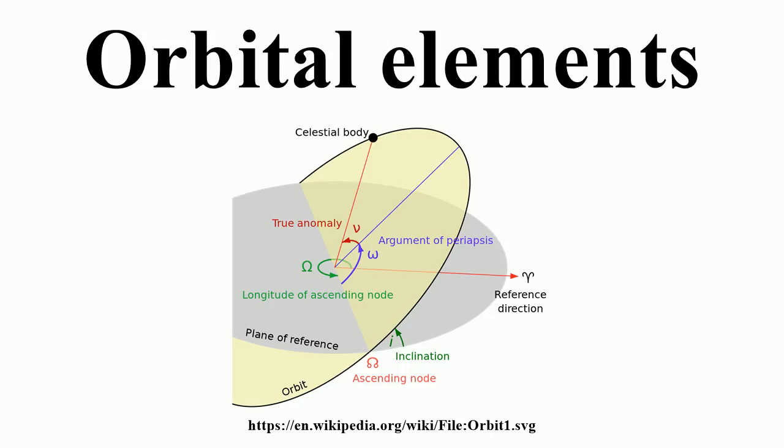Others are in the orbital plane, with one in the direction to the pericenter, and one perpendicular to the plane of the orbit. Then, the transformation from the coordinate frame to the frame with the Euler angles is given, where the polar argument can be computed with the standard function atan2, available in many programming languages.